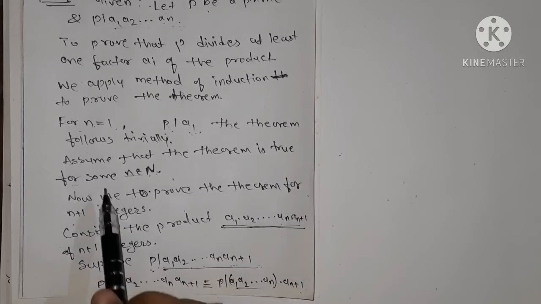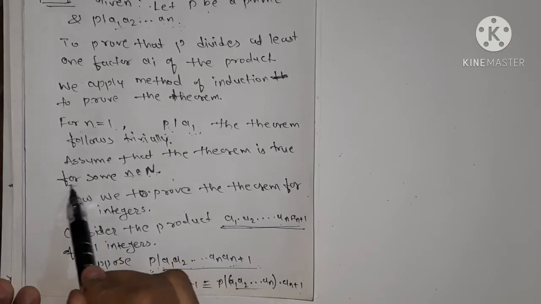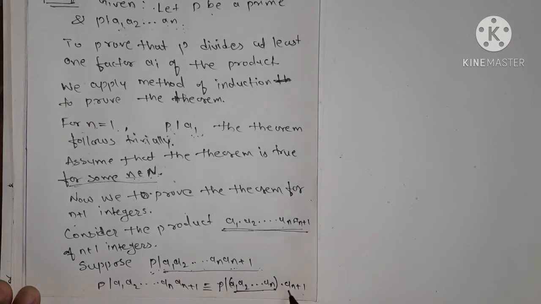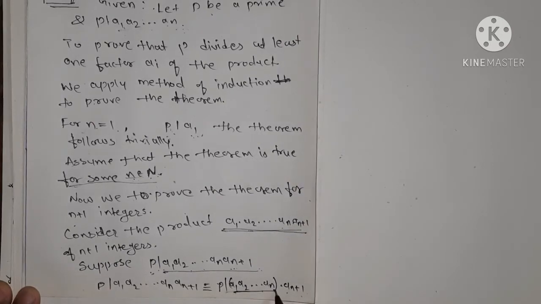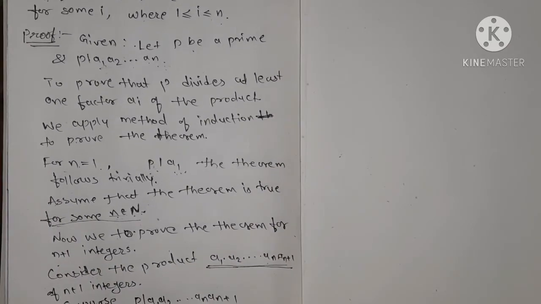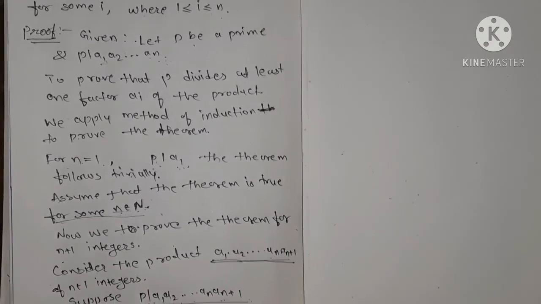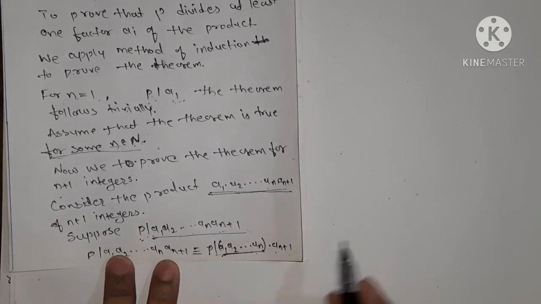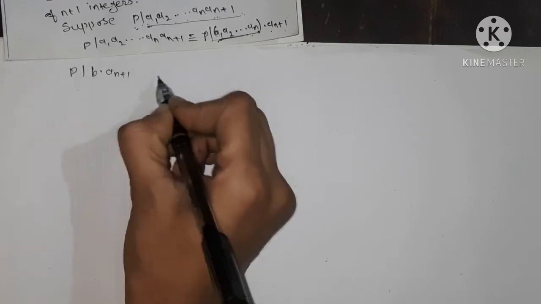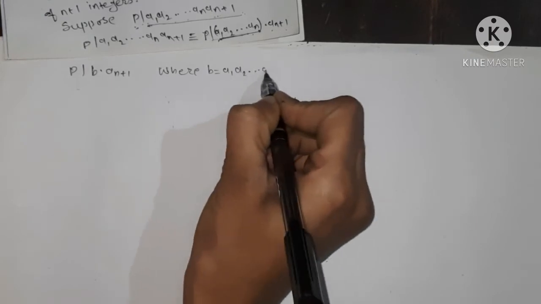And now, from the case that the theorem is true for some n belongs to N, by the method of induction, we write this A1 A2 up to An as some number. So we write P divides B into An plus 1, where B is equal to A1 A2 and so on up to An.